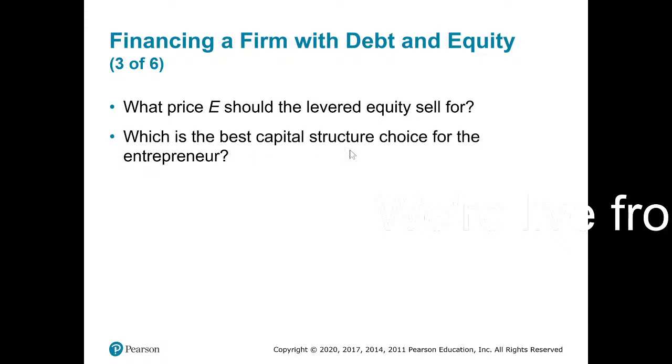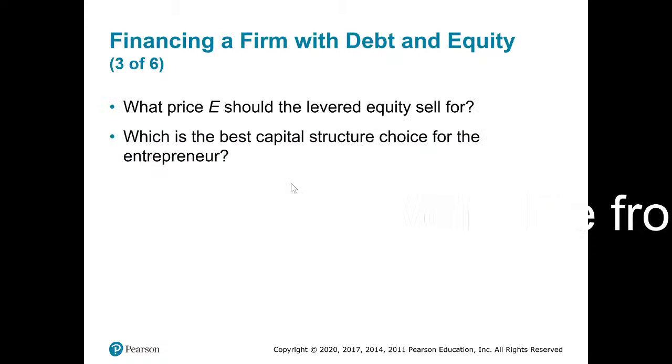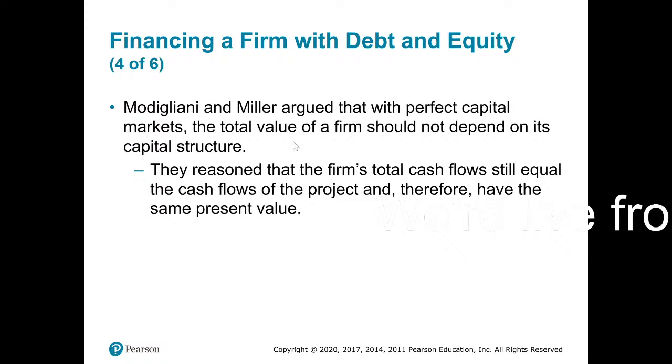And what's the best capital structure choice for the entrepreneur? See, Modigliani and Miller argue that in a perfect capital market, the total value of a company should not depend on capital structure. A perfect capital market means no frictions, no transaction costs, no tax, no interest, nothing like that.